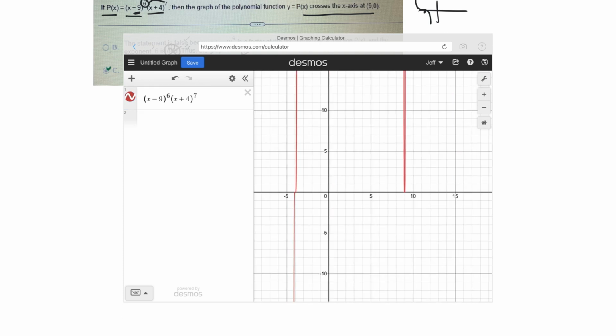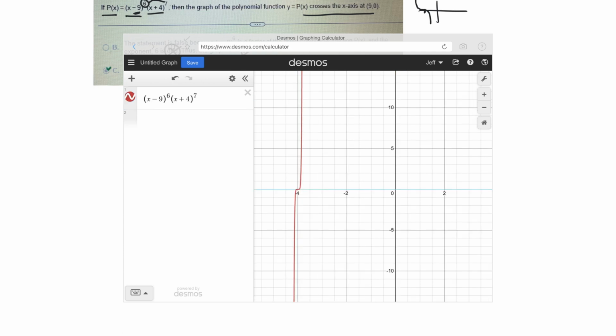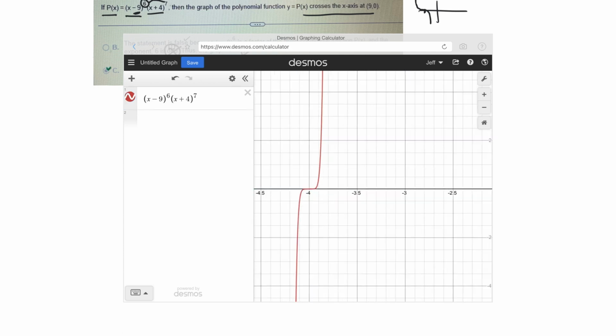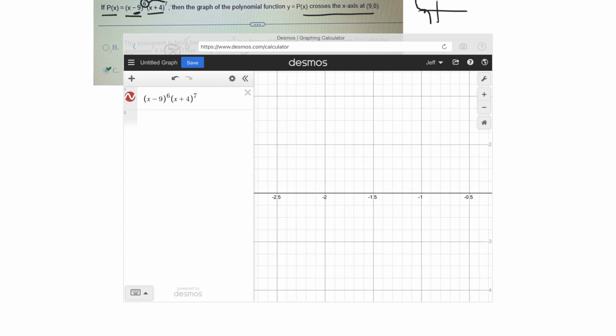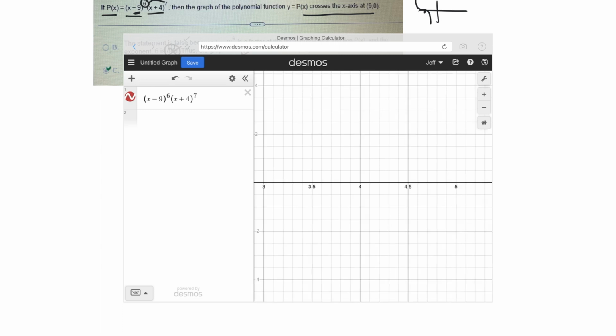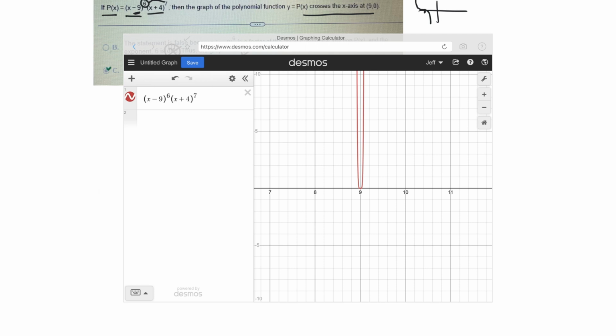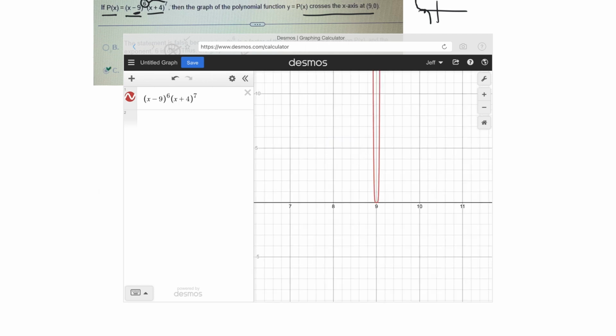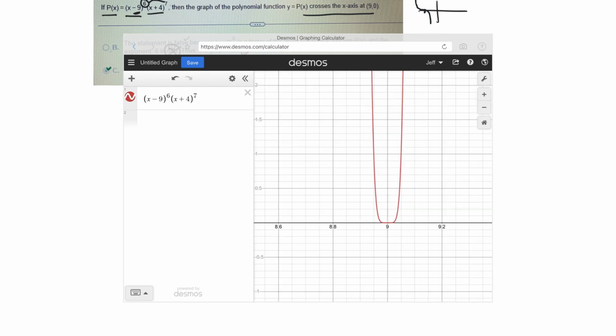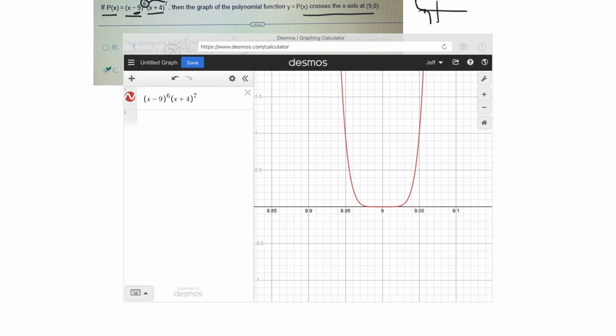So it did come down at that point, see, at -4, and it bent like I thought it would. And then over at 9, what happens? Yeah, it comes down and is tangent to the line at that point. So it doesn't go through at 9, it just comes down as tangent to it and then goes back.